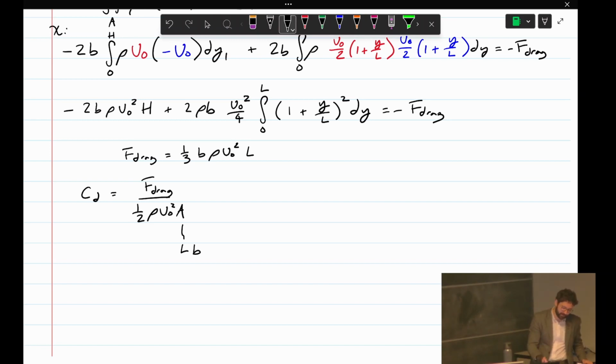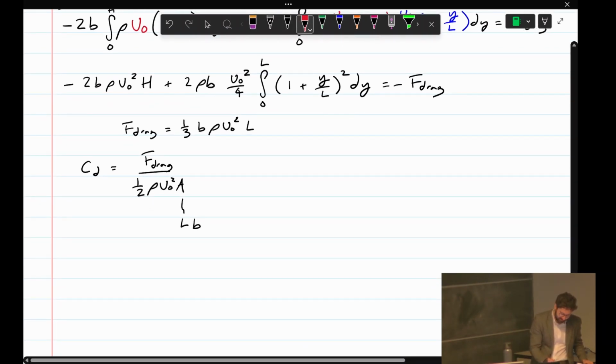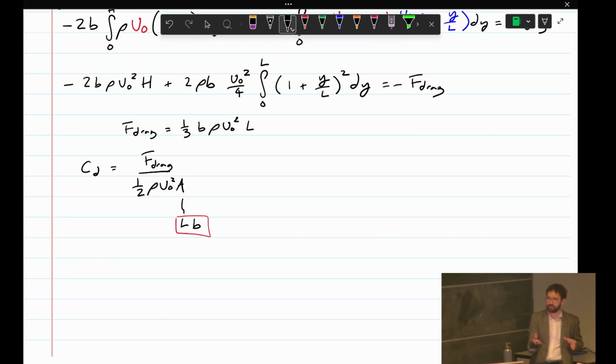It'll be told in a question like this on a test how you're supposed to know that. But A is basically the top-down area of whatever the shape of this thing is. So that's 1/3 b rho U0 squared L over 1/2 rho U0 squared BL.